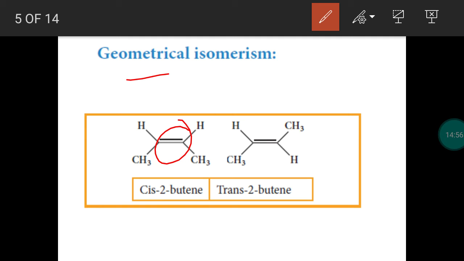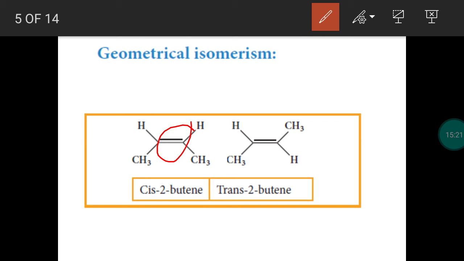So different conformers or conformations are available for alkanes. A single bond between carbons can be rotated easily, but this double bond cannot be rotated easily. It is called restricted rotation, meaning it cannot be rotated. Between the carbon atoms we have a rigid double bond which is not rotated easily. So due to this restricted rotation, isomerism is exhibited by alkenes.